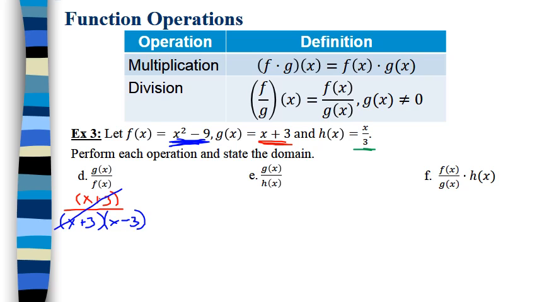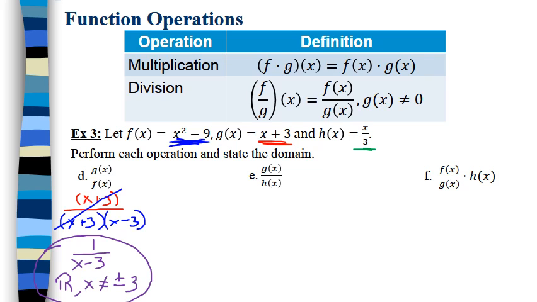So x plus 3 divided by x plus 3 is 1. So when we simplify, we end up with 1 over x minus 3. And in this case, if x is positive or negative 3, this isn't going to work out for us. So we can do interval notation, or we can do inequalities, or we can say all real numbers where x is not equal to positive and negative 3. So that would work also.